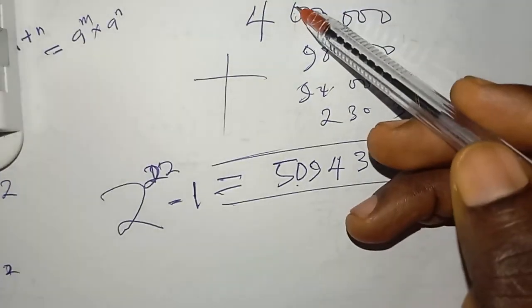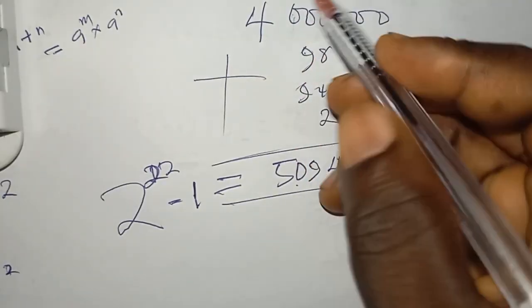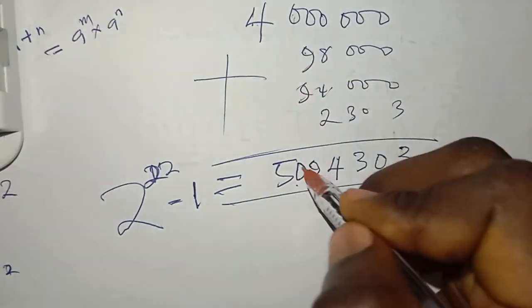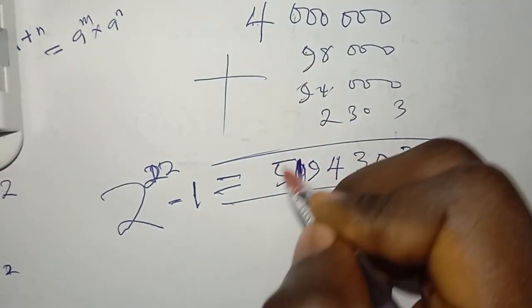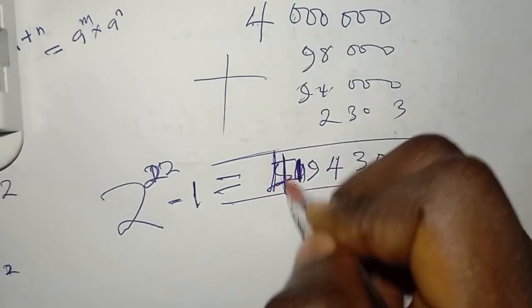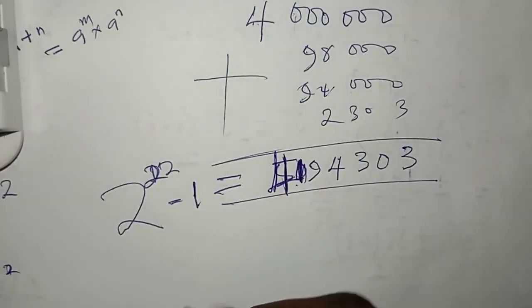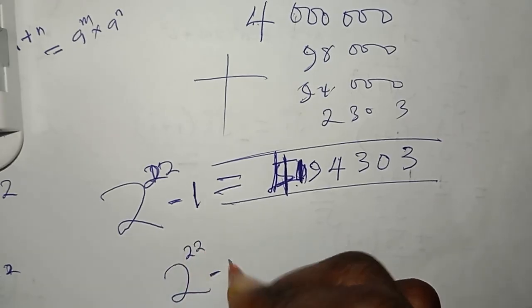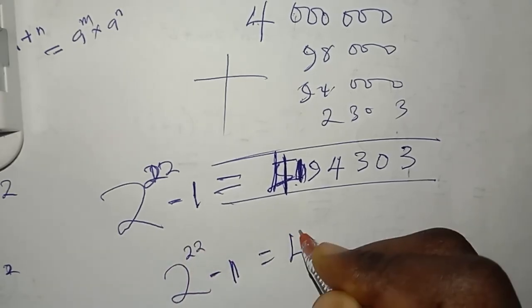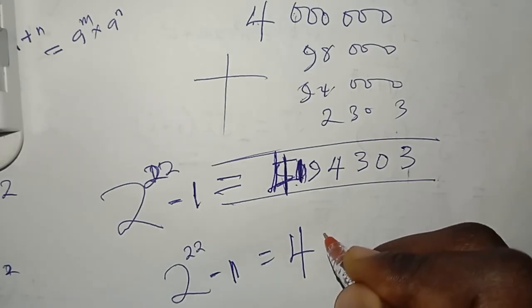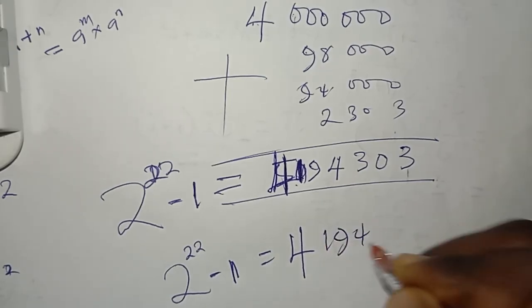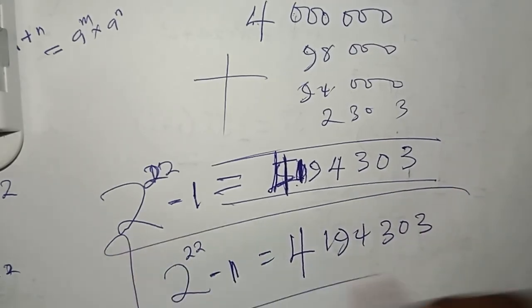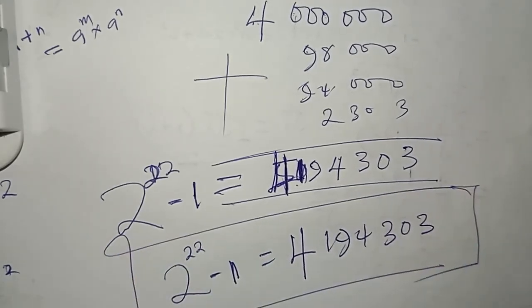Obviously 2 power 22 minus 1 is now equal to 4,194,303. You can go ahead and use your calculator to confirm this.